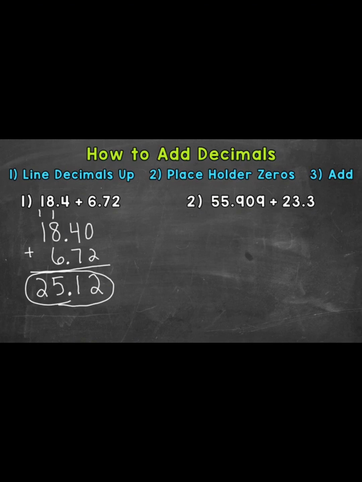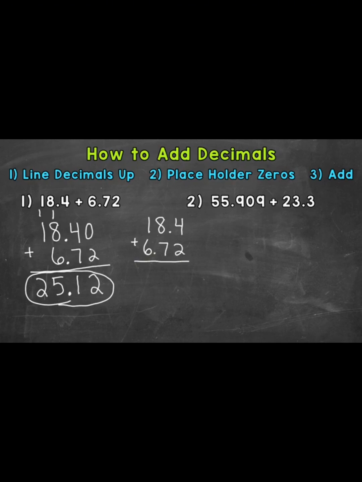Now, before I move on to number 2, I do want to mention a common mistake, and that's lining the digits up. Meaning, for number 1, it would look like this: 18 and 4/10 plus 6 and 72 hundredths.